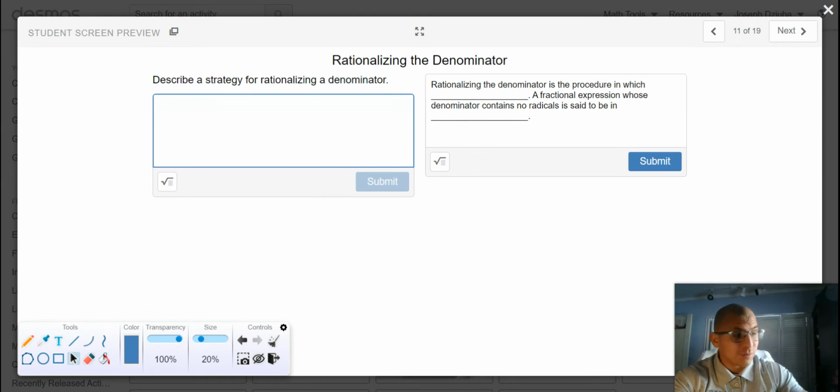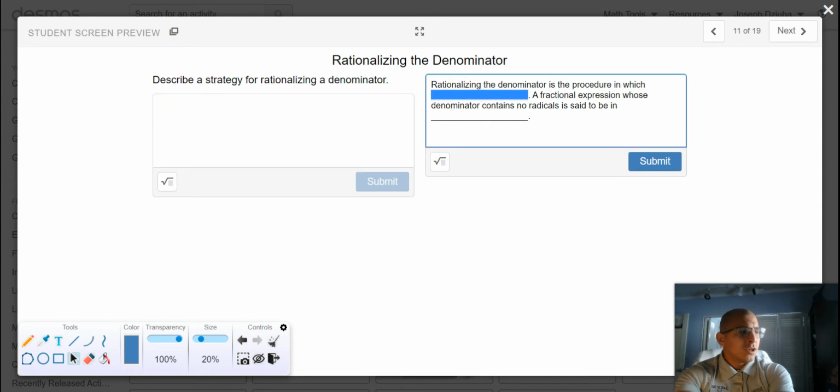So finally, we've arrived at a topic where I can elicit some of your knowledge and insight. Maybe you've never rationalized a denominator before, maybe you have, but describe a strategy for rationalizing a denominator. So what is rationalizing a denominator?